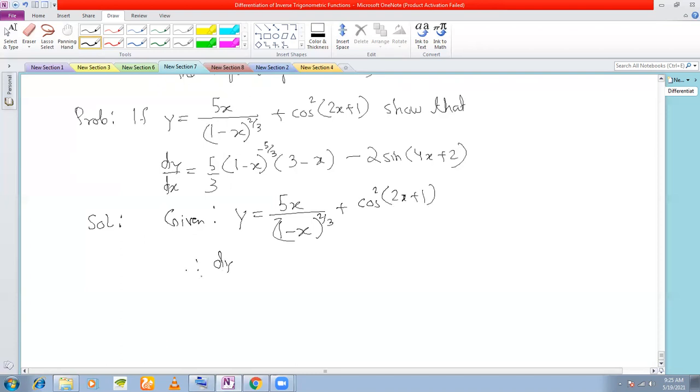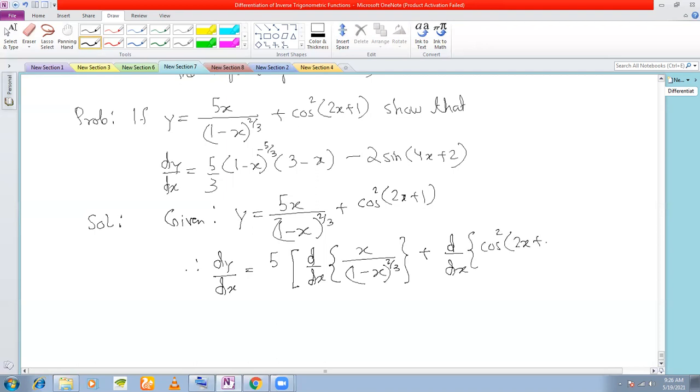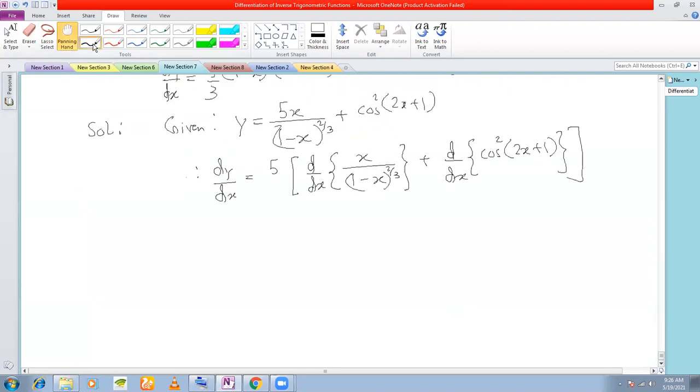Therefore, dy/dx is equal to 5 times d/dx of x by (1 minus x) to the power of 2/3, plus d/dx of cos square (2x plus 1). Now we are going to differentiate this. First, we are going to use the u by v rule.